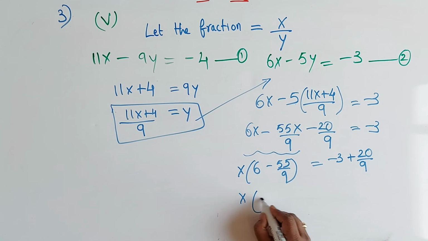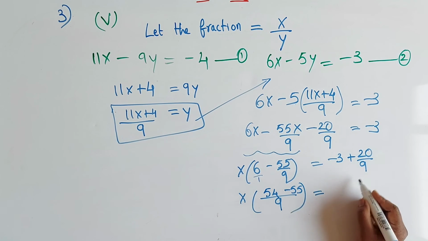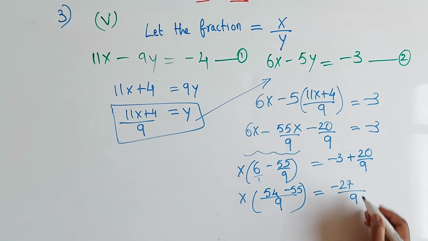x of, take LCM as 9. Here also, children. 9 6s are 54 minus 55 here. This equal to, here also LCM 9, minus 27. 3 9s are 27 plus 20 here.